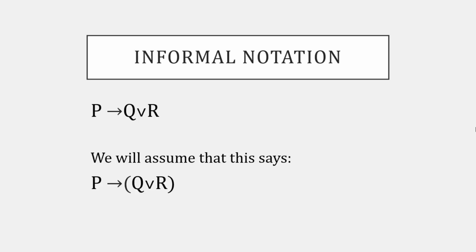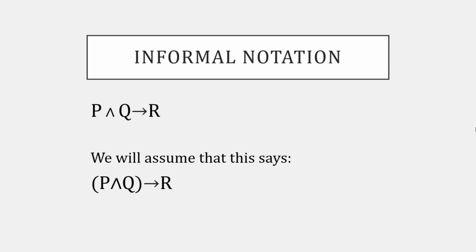This is blatant favoritism towards the conditional. Why is the conditional the special one that always gets to be the major connective? No particular reason, but that's what we're doing. And it doesn't matter what order it's in. So if you see P or Q then R, we're once again going to assume the conditional is the major connective. Yeah?